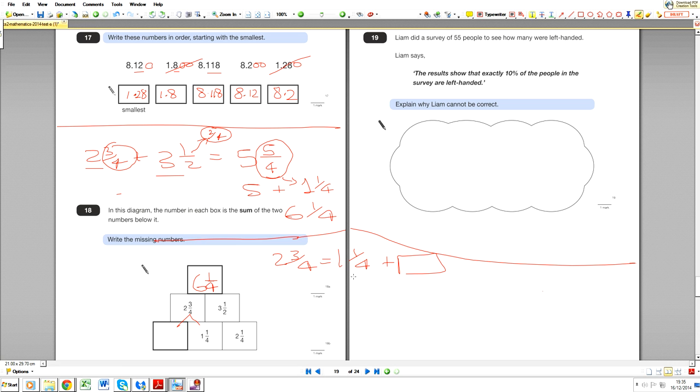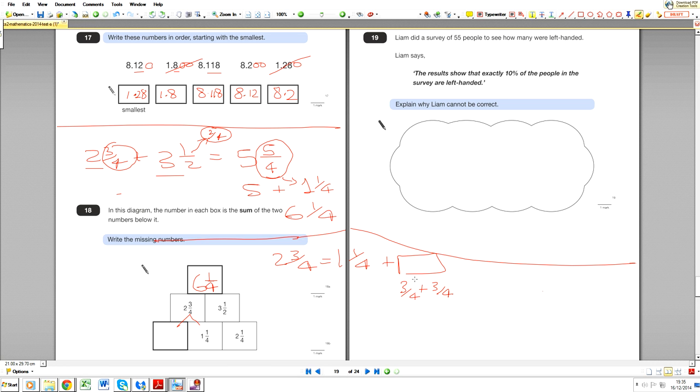Now, if we have 1 and 1/4, how many more quarters do we need to make 2? 3 more. 3/4 to make it to 2. And then how many do we need to get to 2 and 3/4? Another 3/4. So from 1 and 1/4, you need to add 3/4 to get up to 2, and then another 3/4 to get to 2 and 3/4.